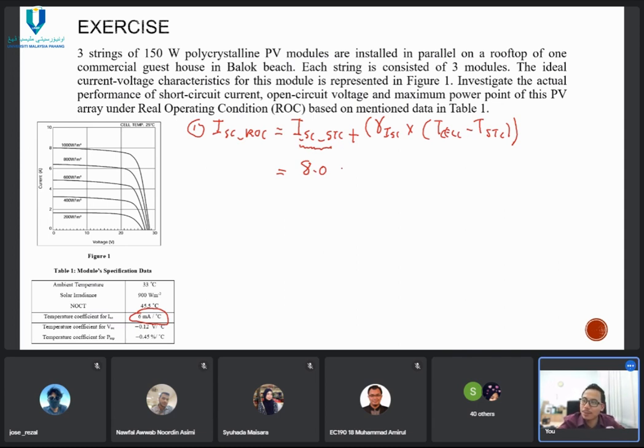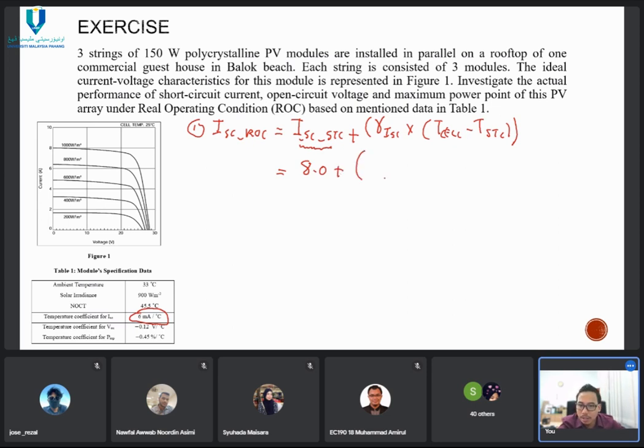If it were a percentage, then you would multiply by the bracket, 1 plus. That is for percentage values. For this case it is given in values.